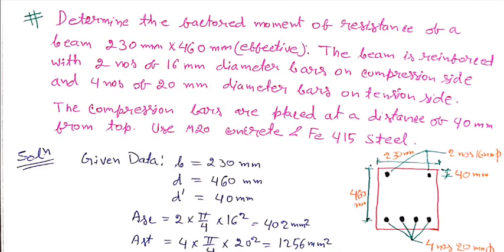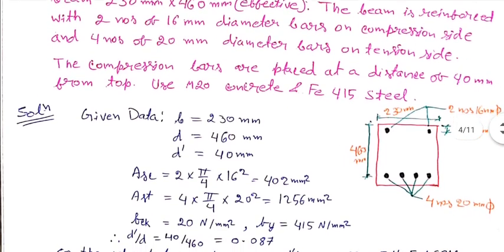So write down the given data: b is equal to 230 mm, effective depth d is 460 mm, small d dash is 40 mm. From this we can find the area of steel.